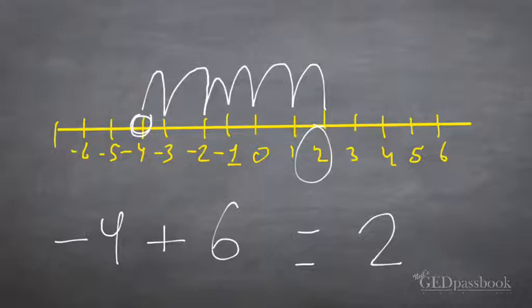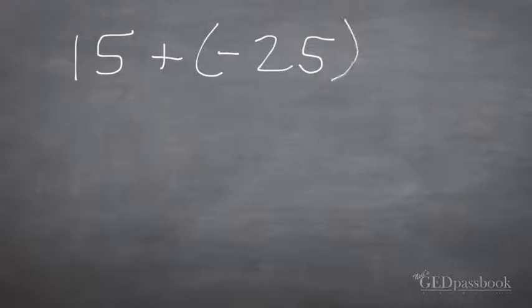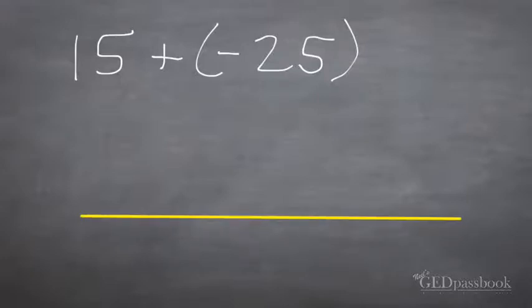But the number line is the last thing I want you to ever do for bigger numbers. Let's say we're given a problem like this: 15 plus negative 25. The last thing you must ever do on a scratch piece of paper for a problem like this is draw yourself a number line.